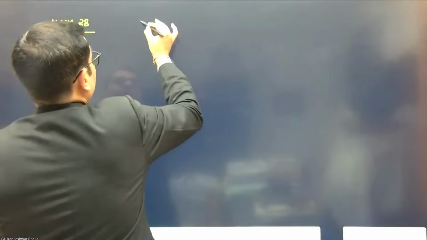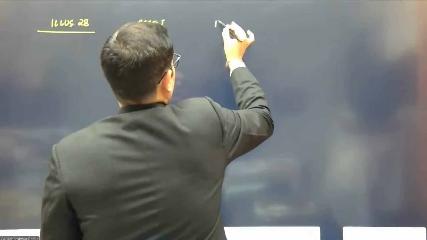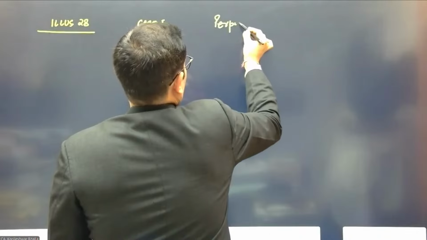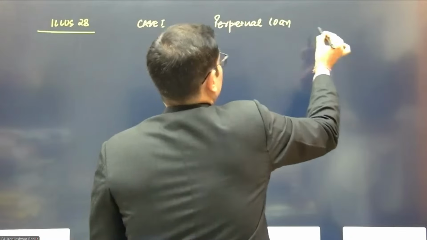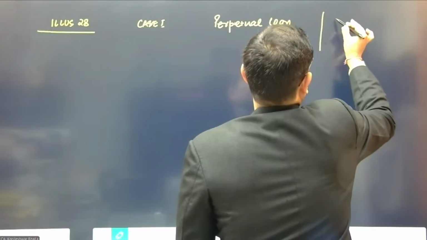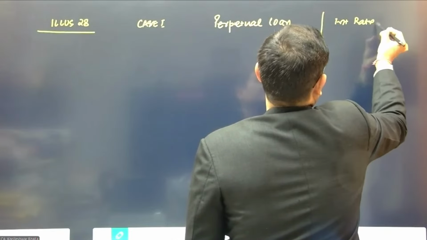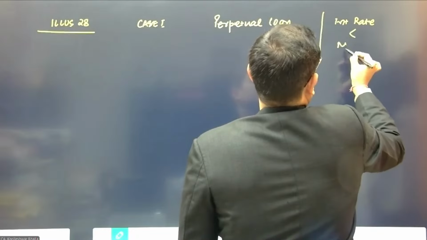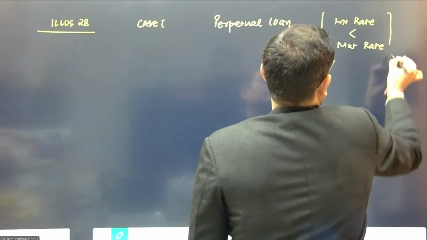So we are now working on the illustration 28, and what we are working upon, I would call it case 1, and I'll call it a perpetual loan, so that you'll easily recall the data. I'll also put down that the interest rate is lesser as compared to the market rate.